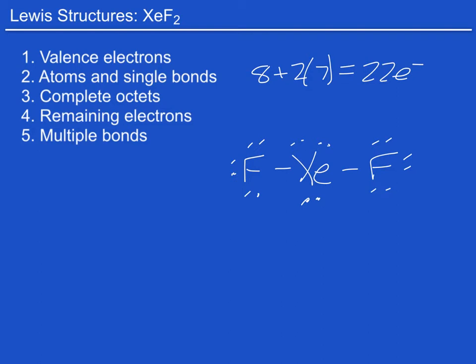There are certain cases that you might learn about in AP chemistry where that will be the case, and we'll talk about it a little bit in the next example, but in general, if you have more than an octet's worth, you'll put them as lone pairs on the central atom. If you have less than an octet's worth at the end, then you need to start making double and triple bonds to bring it up to an octet.